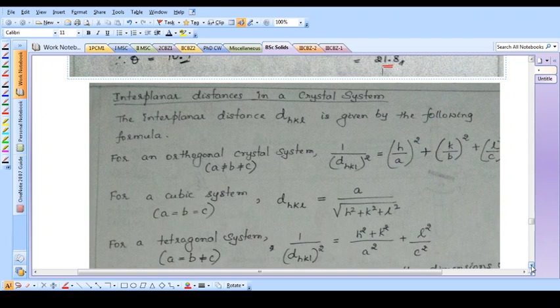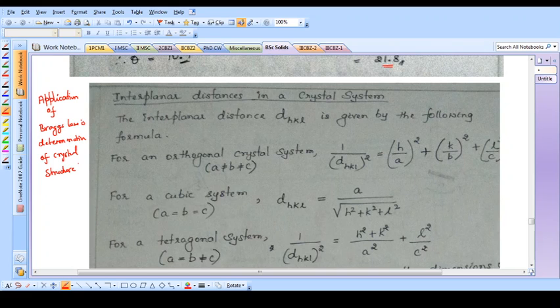The important application of Bragg's law is determination of crystal structure.